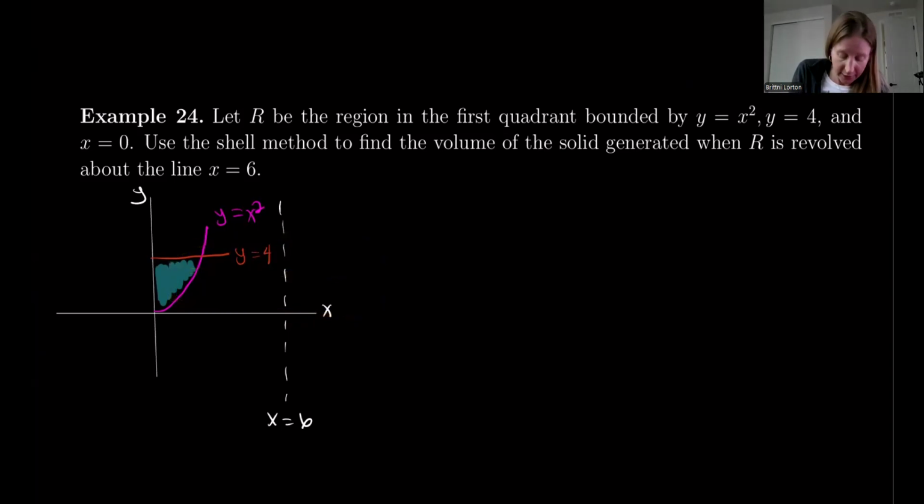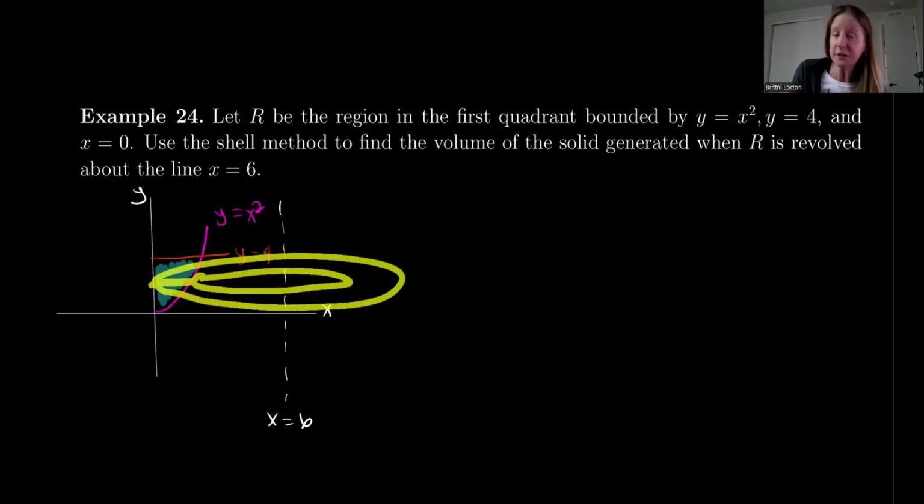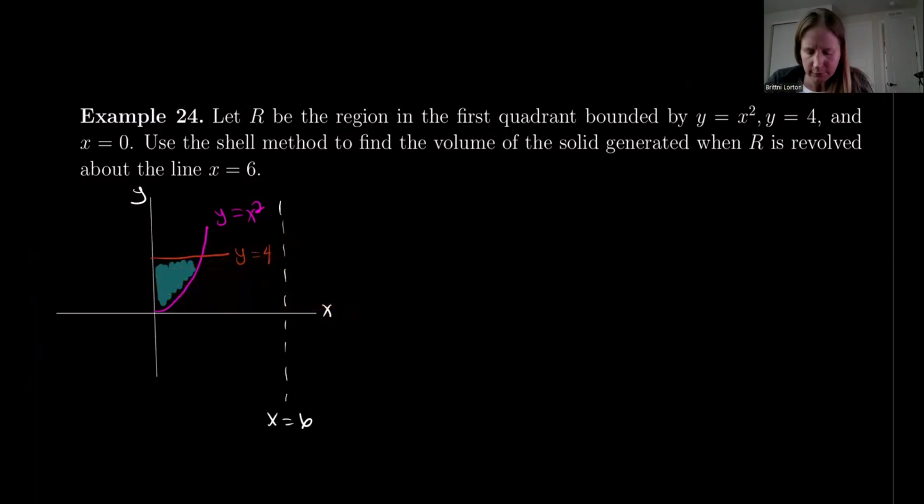I also can see that if I were to do a horizontal sliver, then that would create what looks like a washer. Also fine. I don't really see one problem versus the other. So I'm just going to choose, let me pick the color. There we go. I'm going to choose the vertical sliver. And maybe you're going to retry this on your own using the horizontal sliver, using the other method.